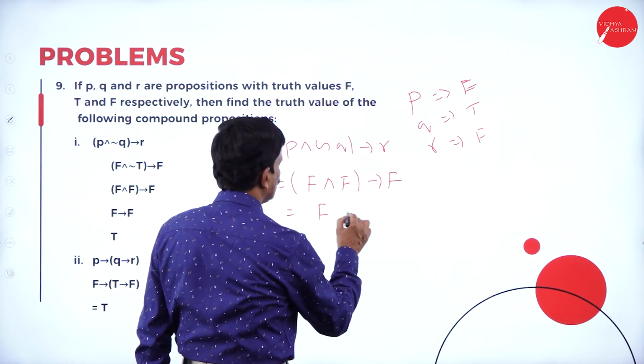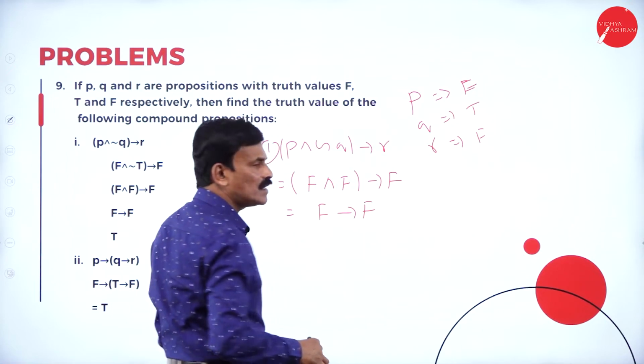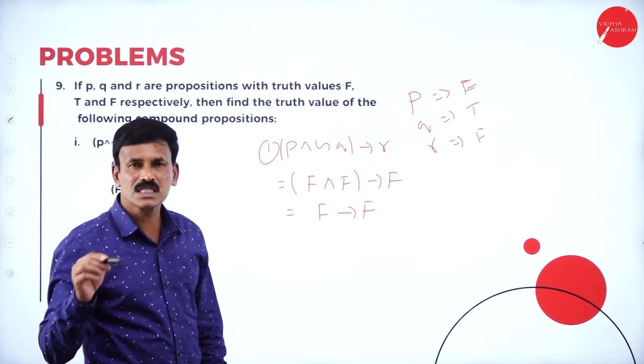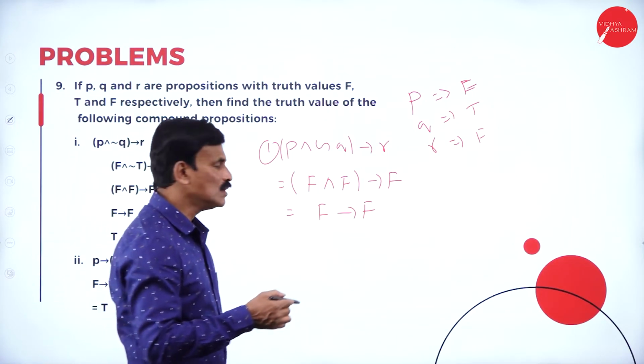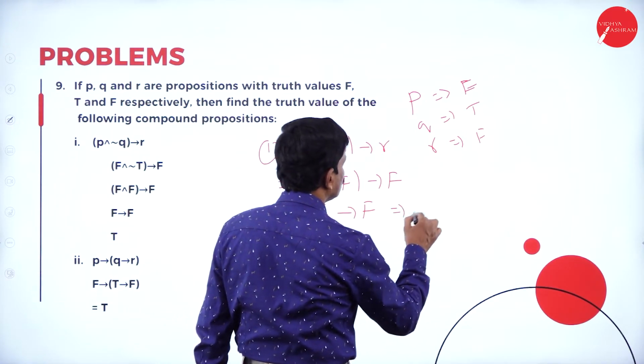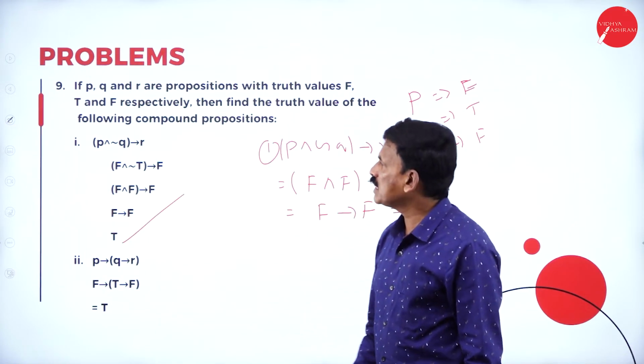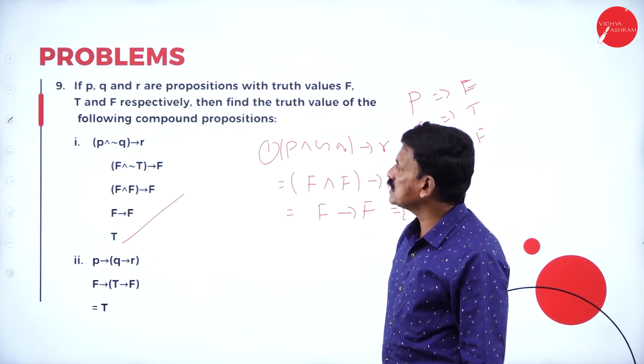So this is F conditional to F. In a conditional, true and false is false; in all other cases it is true. So false and false is true. Therefore the given statement is true.